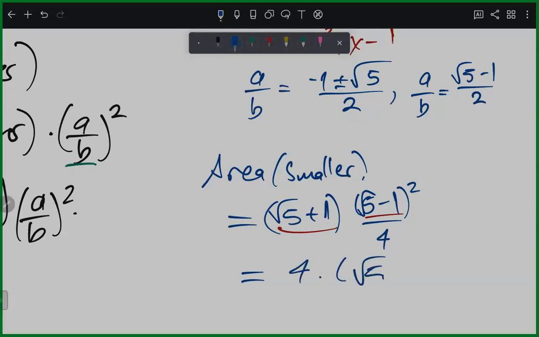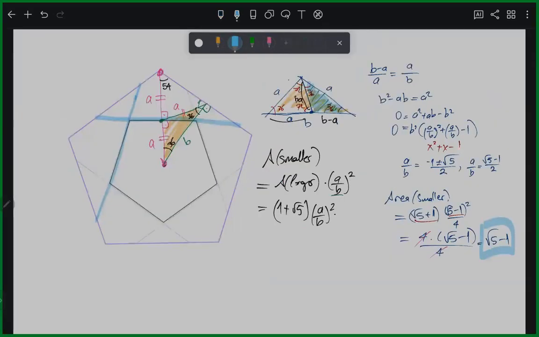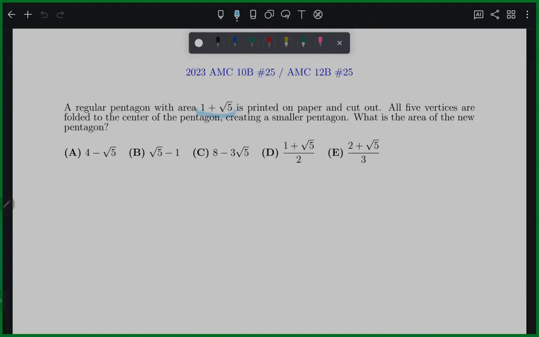So we have an extra copy of root 5 minus 1 in the numerator and 4 in the denominator, and the 4s cancel each other out. So the area is root 5 minus 1. Let's go back and mark it. Our answer is B.